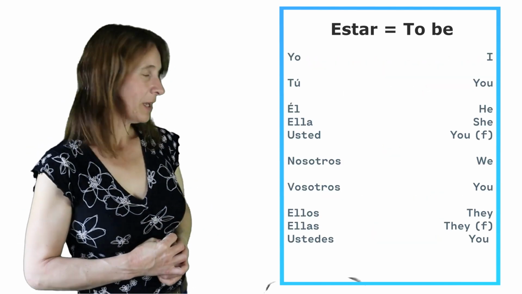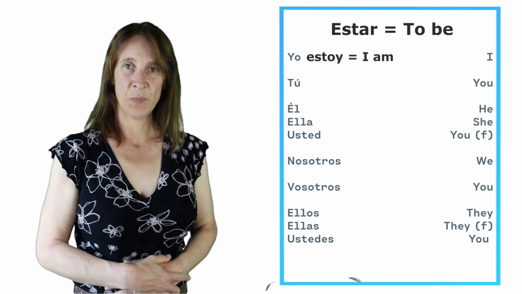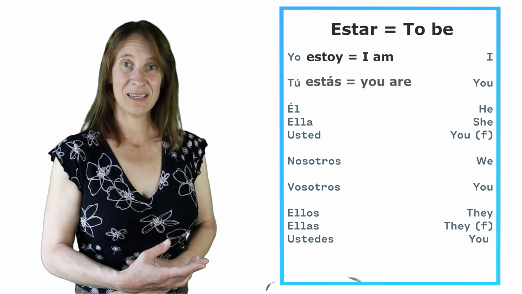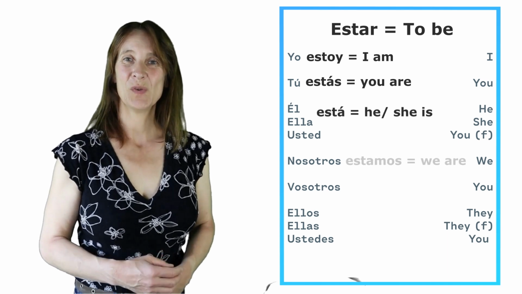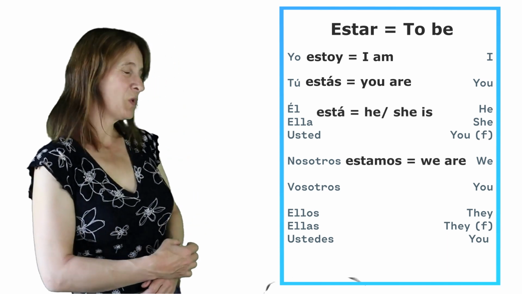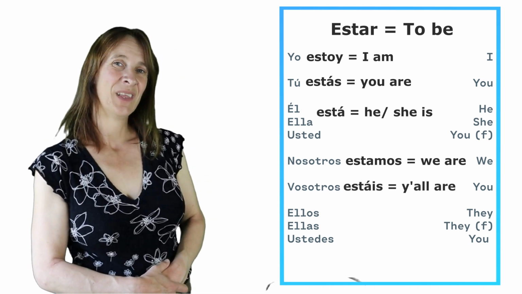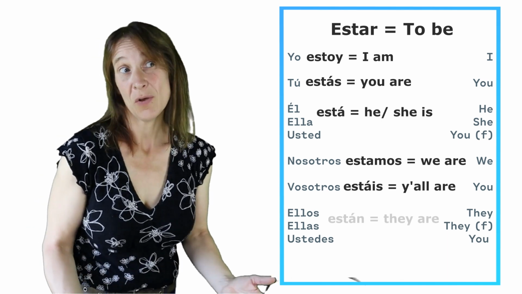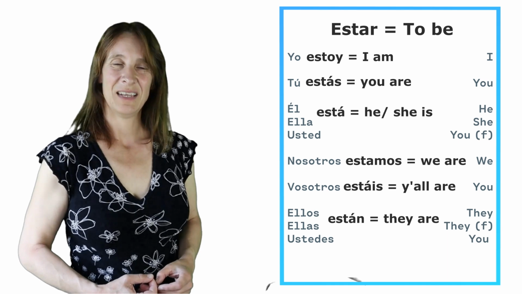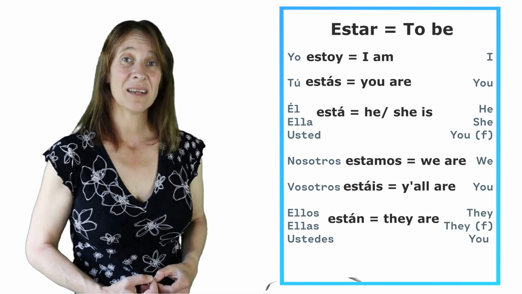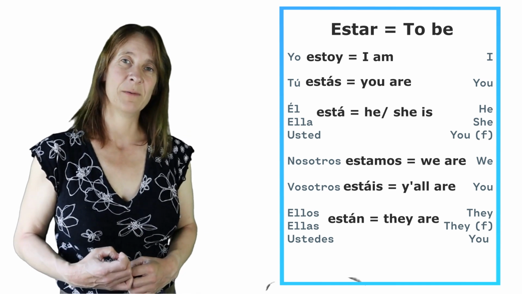Now, let's have a look at this verb estar. Yo estoy. Tú estás. Él está. Nosotros estamos. Vosotros estáis. And ellos or ellas or ustedes están. Notice the accents. They tell you which part of the word is stressed.